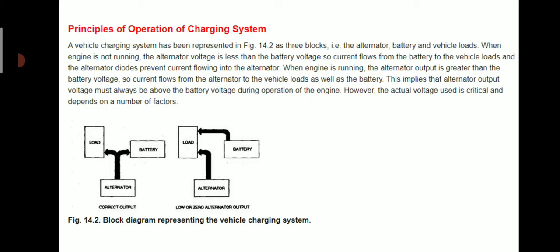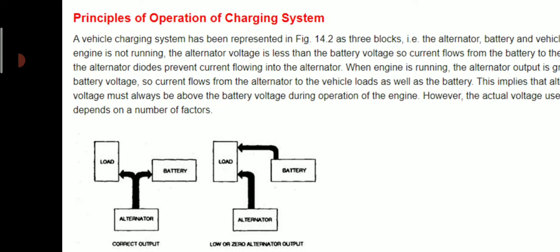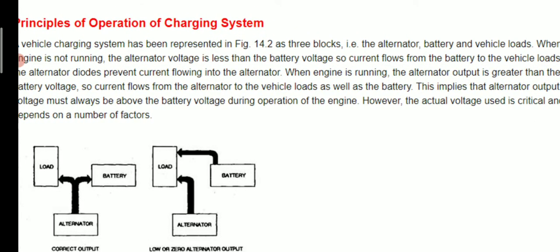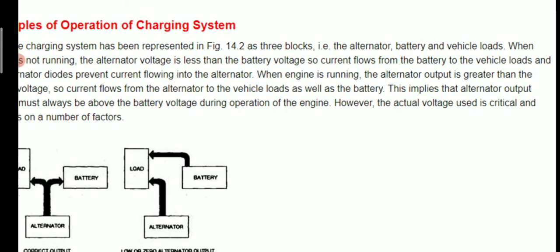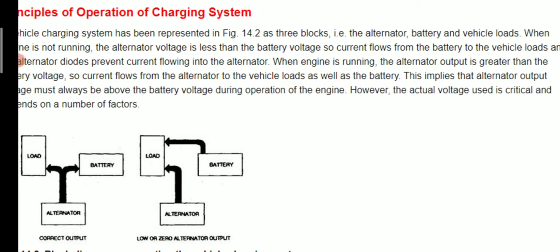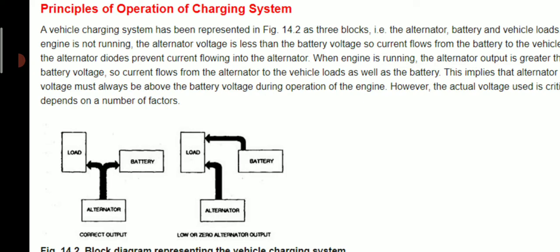Let us see the principles of operation of the charging system. You will see the figure for it. A vehicle charging system is represented in this figure. There are three blocks: the alternator, battery and vehicle load. When the engine is not running, the alternator voltage is less than the battery voltage, so current flows from the battery to the vehicle loads, and the alternator diode prevents current flowing into the alternator.